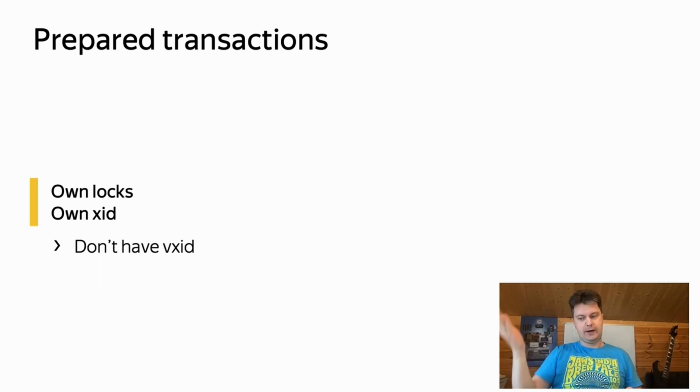If you add a column or remove a column or try to drop the table, it will wait for prepared transaction completion. And prepared transactions have a transaction identifier but don't have a virtual transaction identifier, which turned out to be quite an important thing.